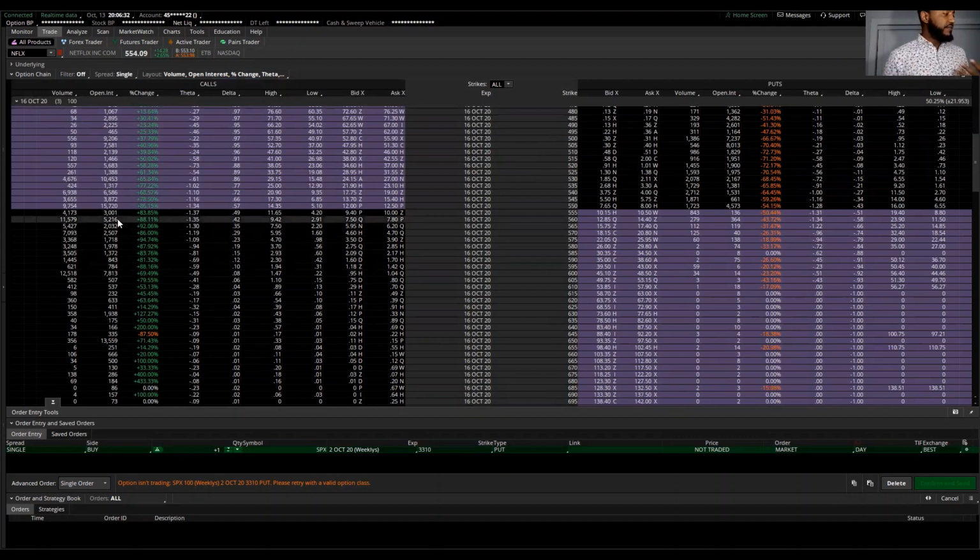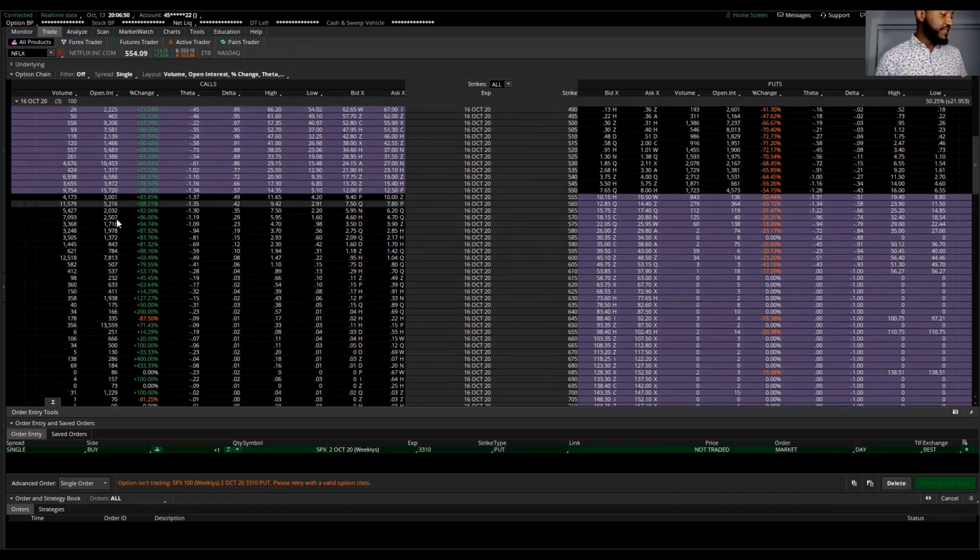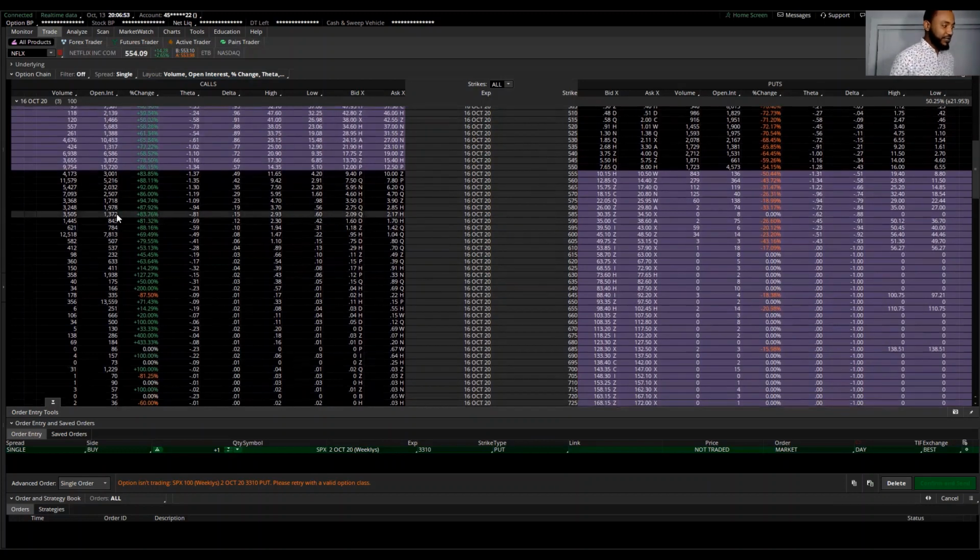If you want to envision it, think of it like this: the volume is the number of times that contract has been traded throughout that day. So you're always looking for contracts that are frequently traded. You want those exchanging hands very quickly and very fluidly, because when you want to sell your contract, you want it to go fluid.